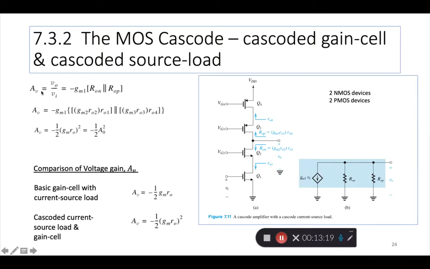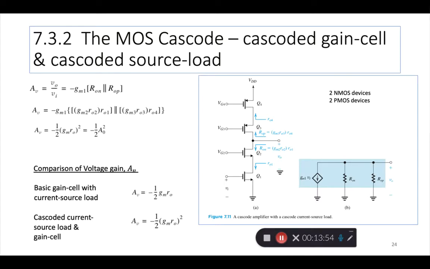Okay. So the benefit then of having this whole four transistors, two NMOSs, two PMOSs connected in a string like this is that your basic gain cell, the final voltage gain AV, if that was this, now it has become this.